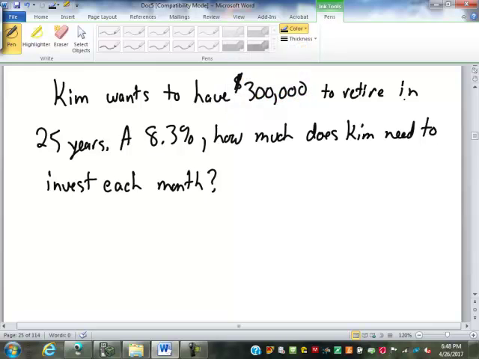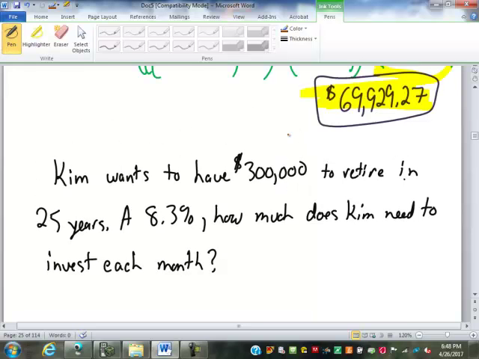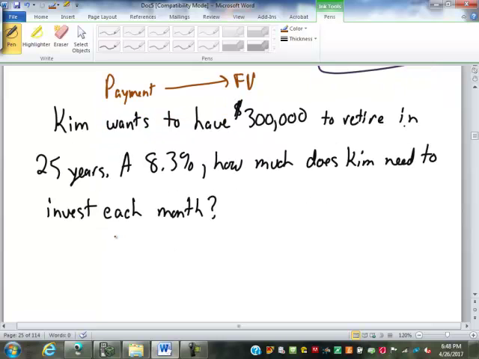Now, before, up above here, we knew the payment and we were finding the future value. The formula was to take the payment and figure out the future value. Here, we know the future value and we want to find the amount of the payment.